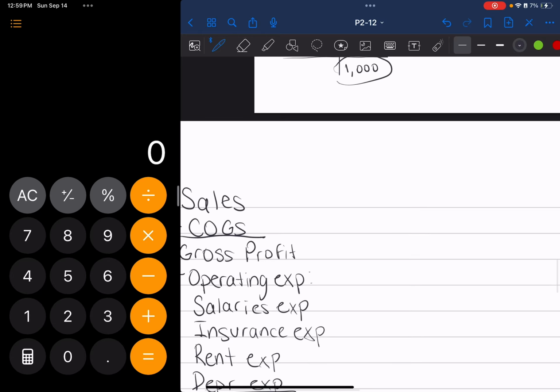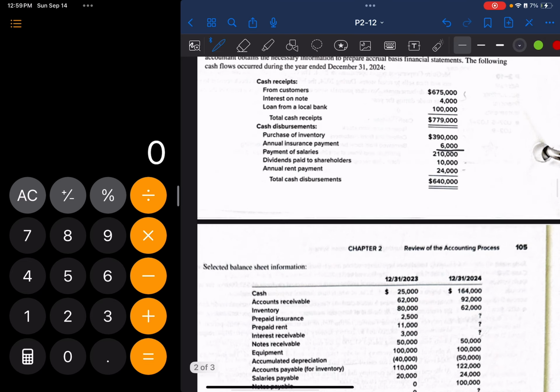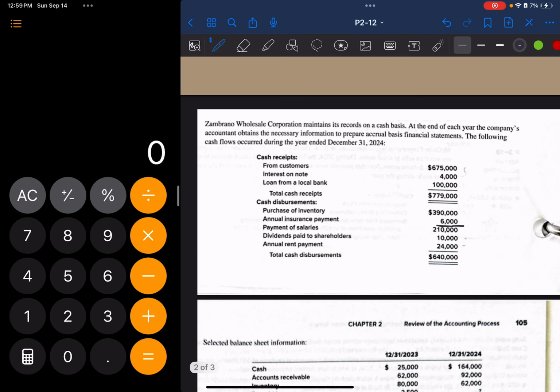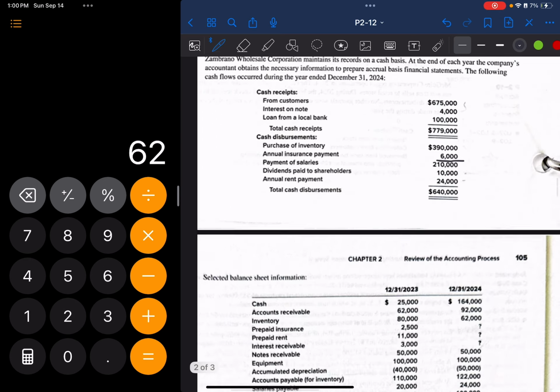So sales is basically the cash receipts we got from customers. So this number is $675,000, but you also have to add in the change in accounts receivable, because when it increases, that represents sales that were made on credit, and that's not included in the cash received.